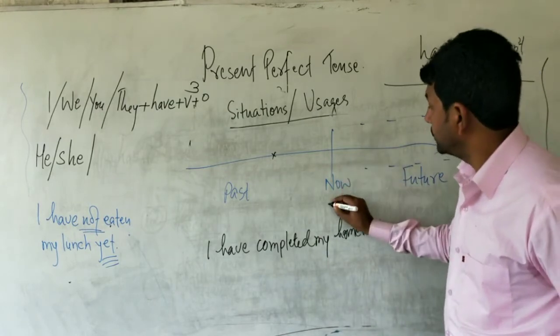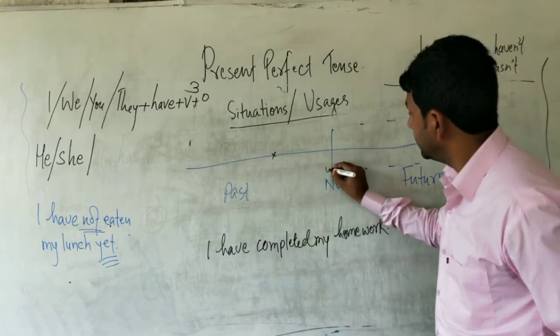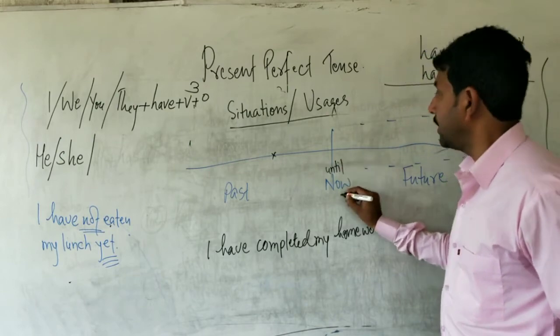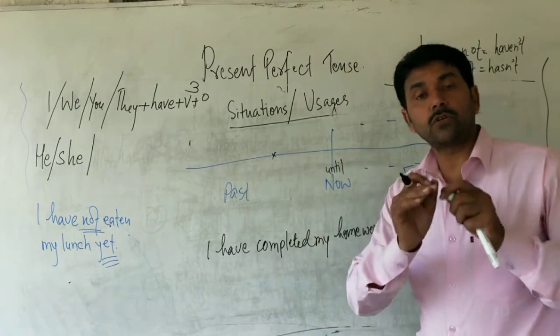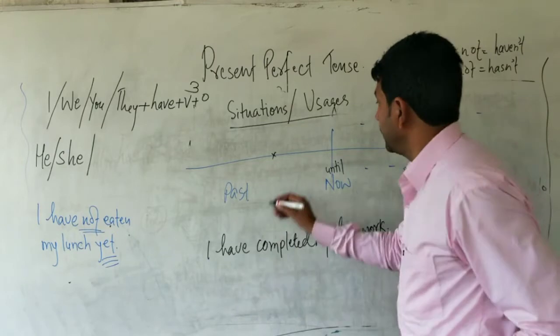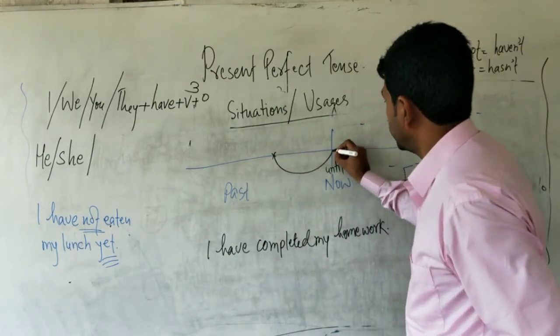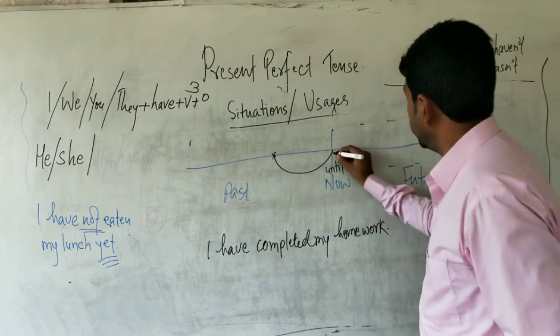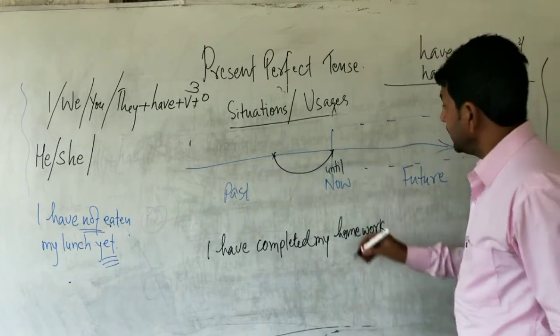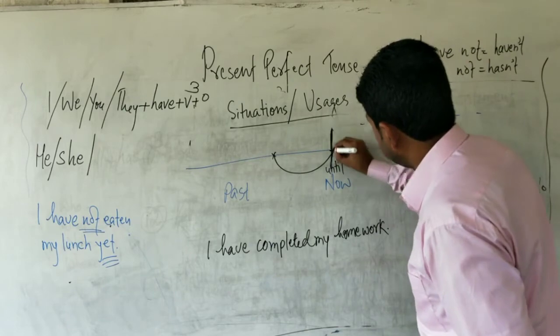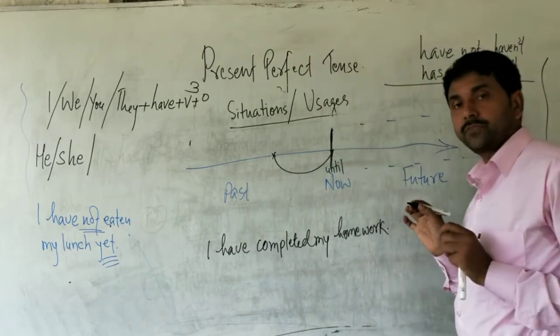So until now we have found our homework completed. It has a relation from here to here. Everything is until now in present perfect tense.